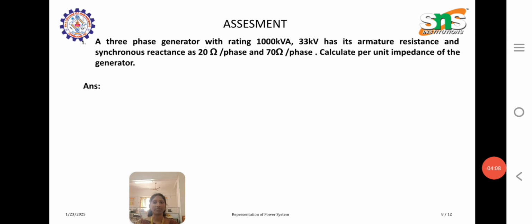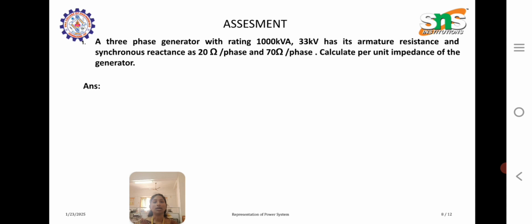Here we have a problem: a three-phase generator with rating 1000 kVA, 33 kV has its armature resistance and synchronous reactance as 20 ohms and 70 ohms per phase. Calculate the per unit impedance. Here we frame the formula: per unit impedance equals actual impedance by base.